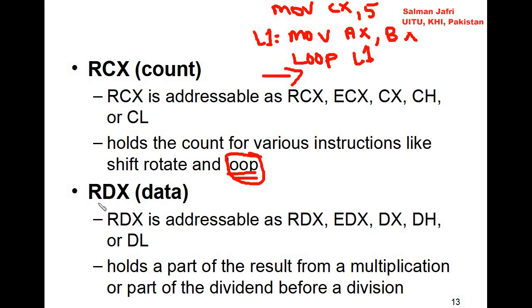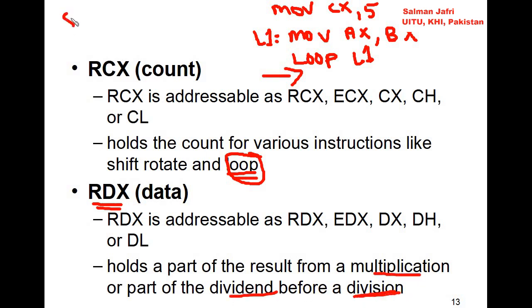RDX, again a very nice acronym. It is the data register. Again same addressing, 64, 32, 16 and 8 bits. And it holds part of the result from multiplication or part of the dividend before division.